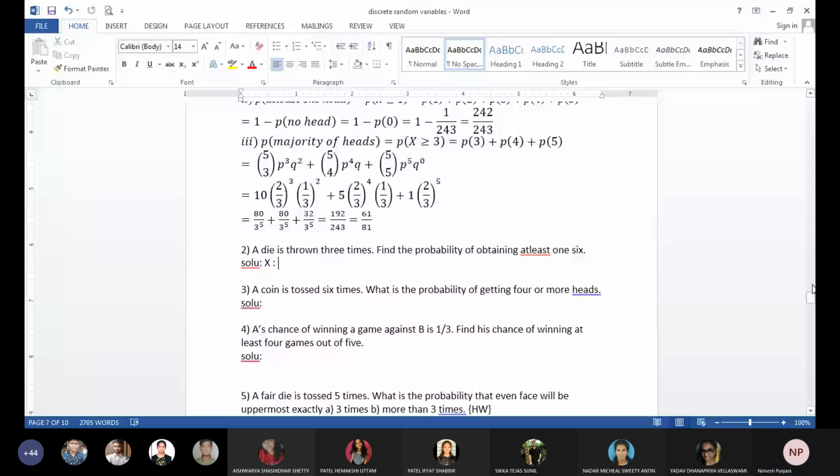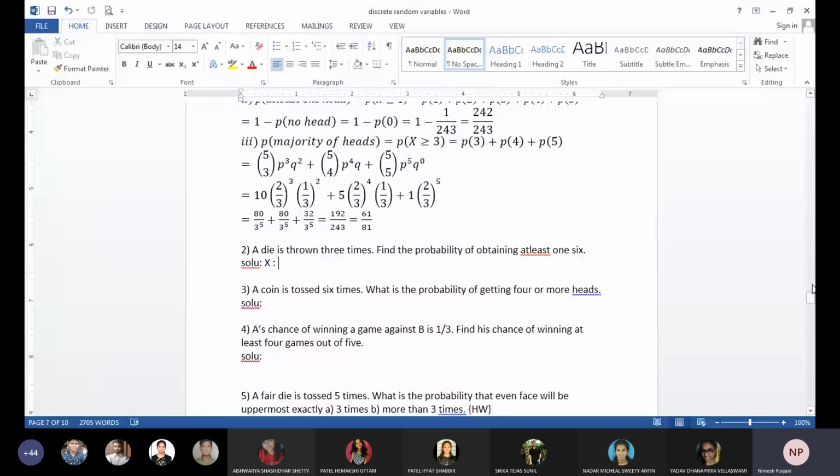Again, I repeat, in the experiment of tossing a dice, basically we get 6 possible outcomes, but these 6 outcomes we divide into 2. One will be a success, और वो success कब आएगा? When we get a 6. Another one will be a failure, that will be when we get a number other than 6.